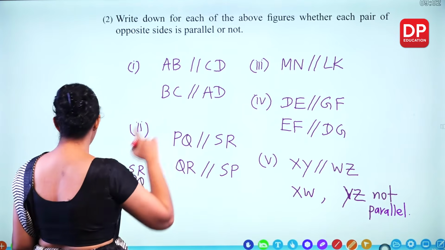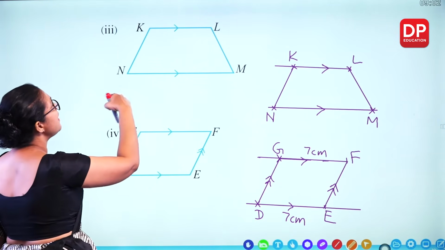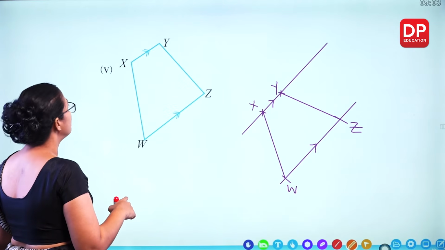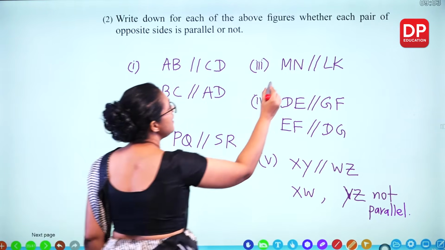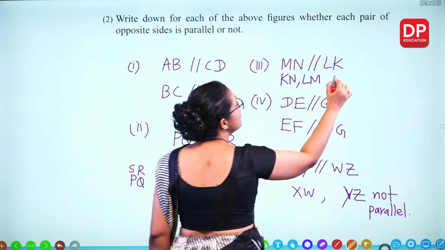And also in the third one we can write KN and LM, KN and LM not parallel.